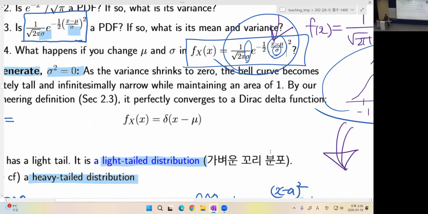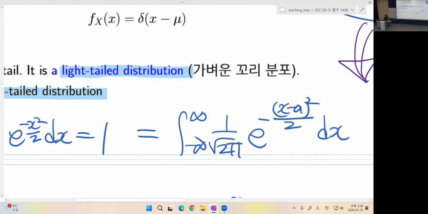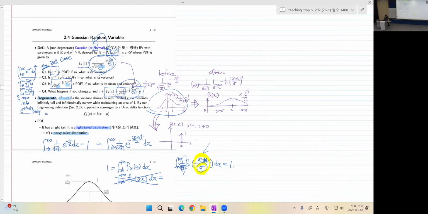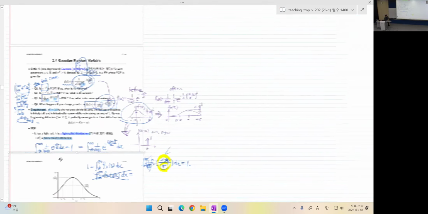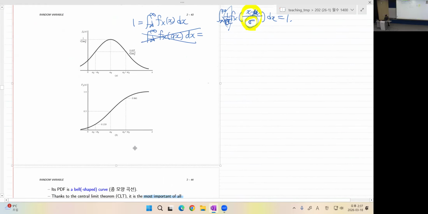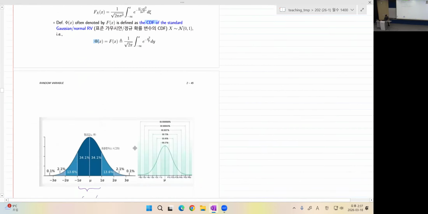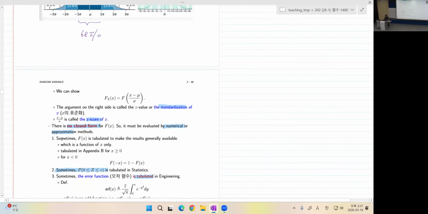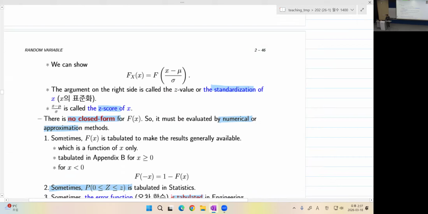By the way, if you convert your data by subtracting the mean and dividing by the standard deviation, it is called the z-score. So this is called the z-score of x.